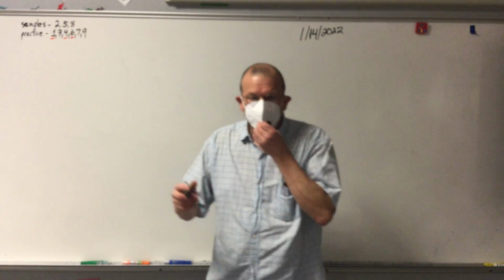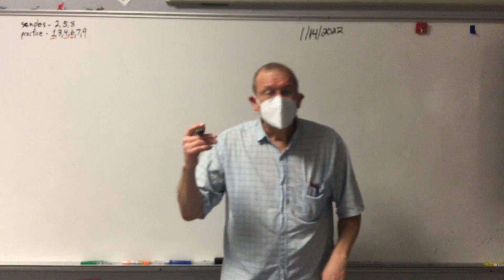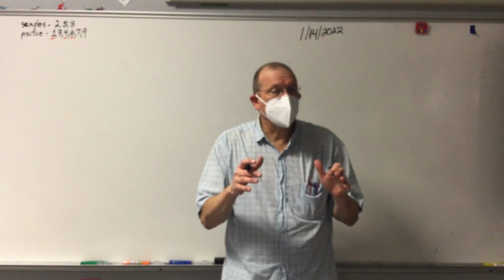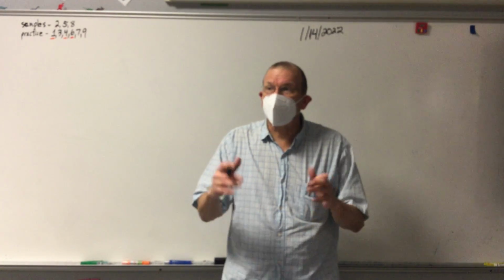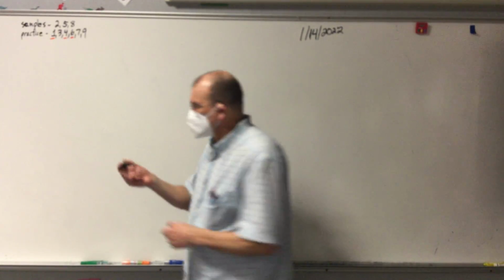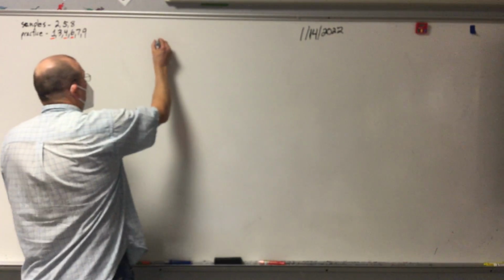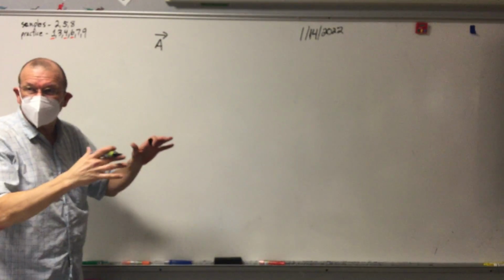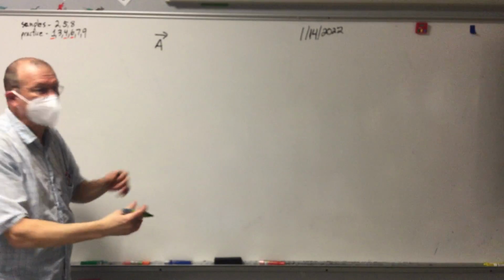So today, the assignment is to take all 10 vectors of your master list and break them into their horizontal and vertical components. Starting with A, this is what I would like you to do on this paper.